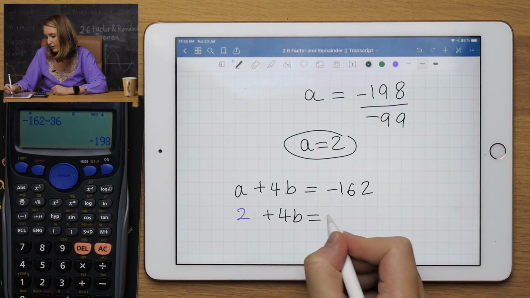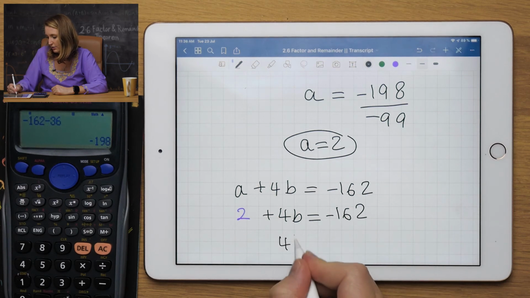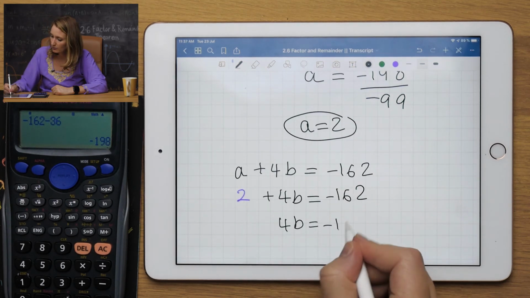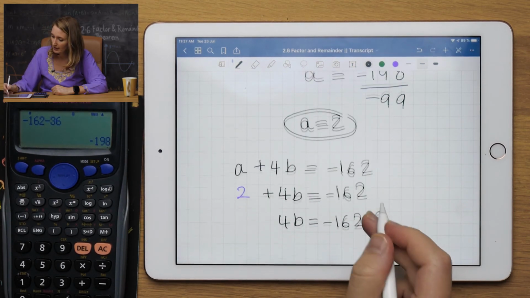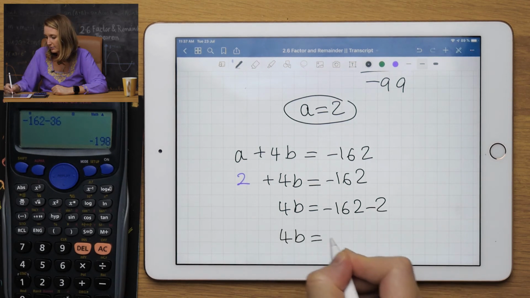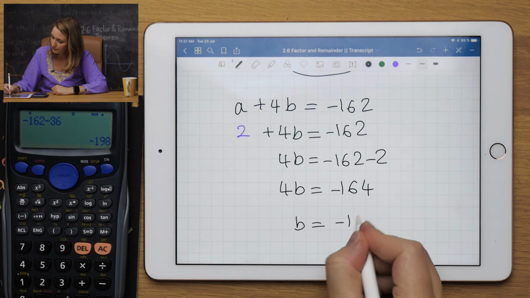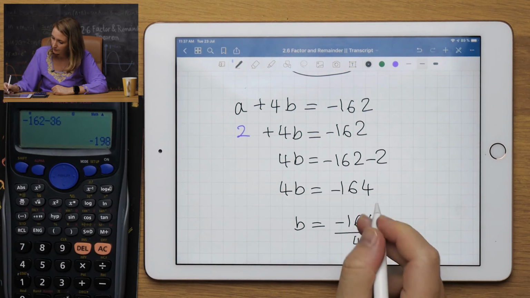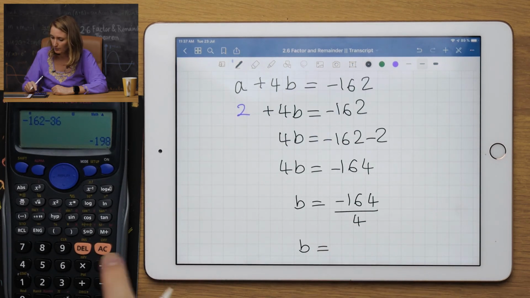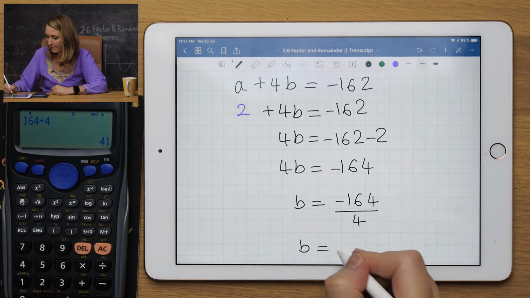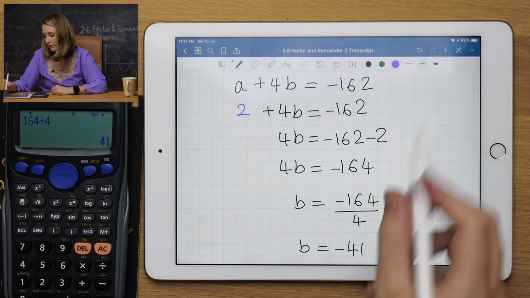Plus 4b equals minus 162. 4b equals minus 162 minus 2. 4b is minus 164. And we divide that by 4, which is minus 41. So now we've got a and b.